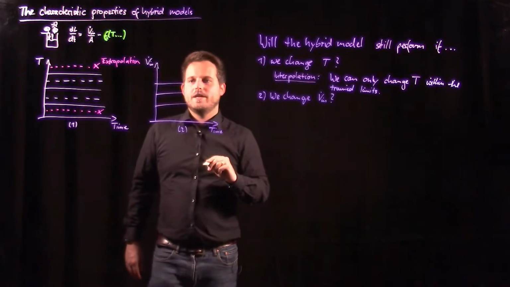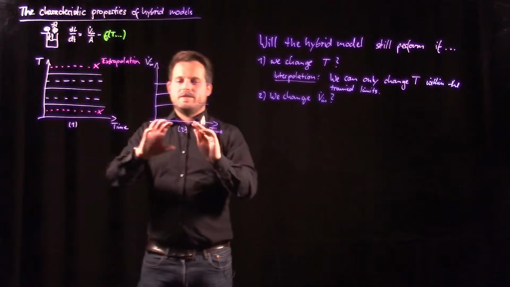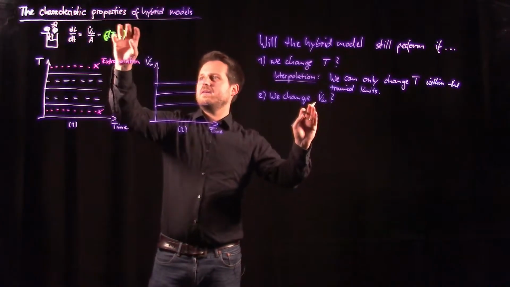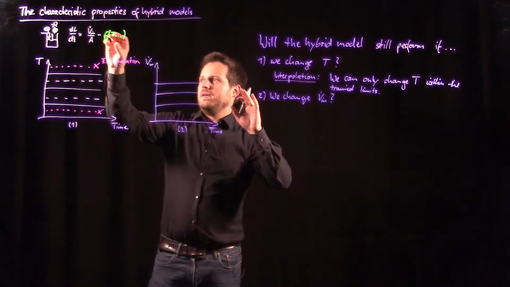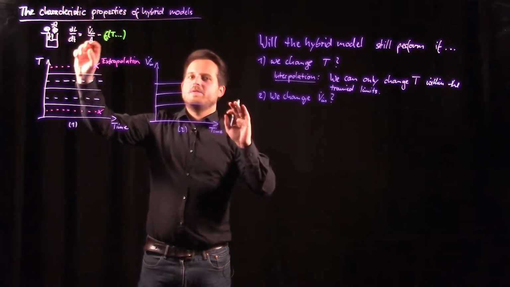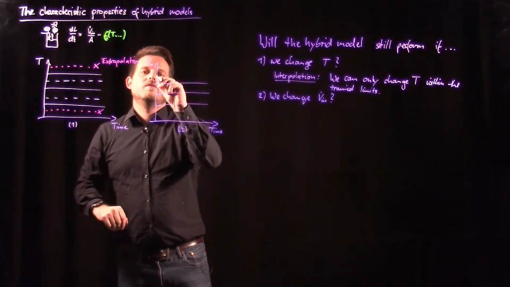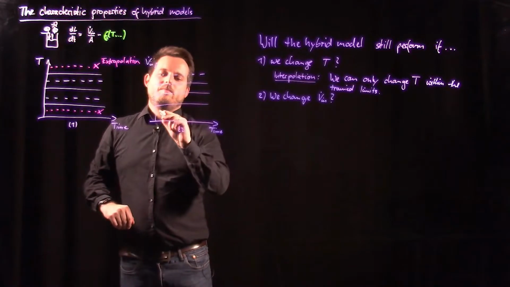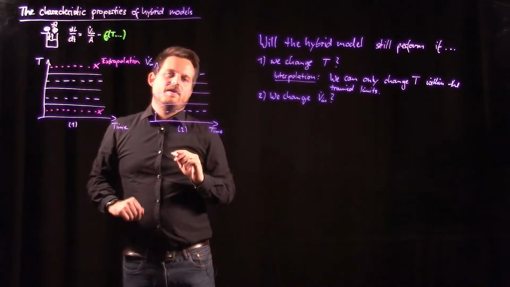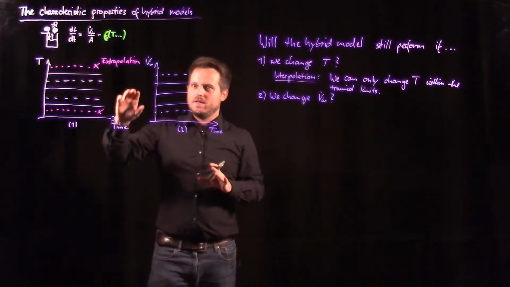And now what you can do, since v.in is not in the data-driven model but in the first principle model, you can actually go usually beyond these boundaries.